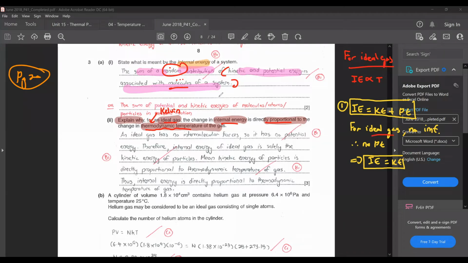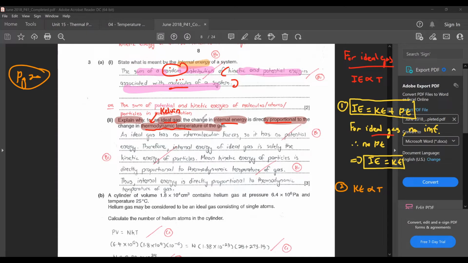But then you have to relate it to temperature. In order to do that, you have to make use of something that you will learn in the ideal gas chapter later on. In chemistry, you may have already learned this, but in physics we will learn this again under a chapter called ideal gas. What we will learn eventually is that kinetic energy of molecules is actually proportional to temperature.